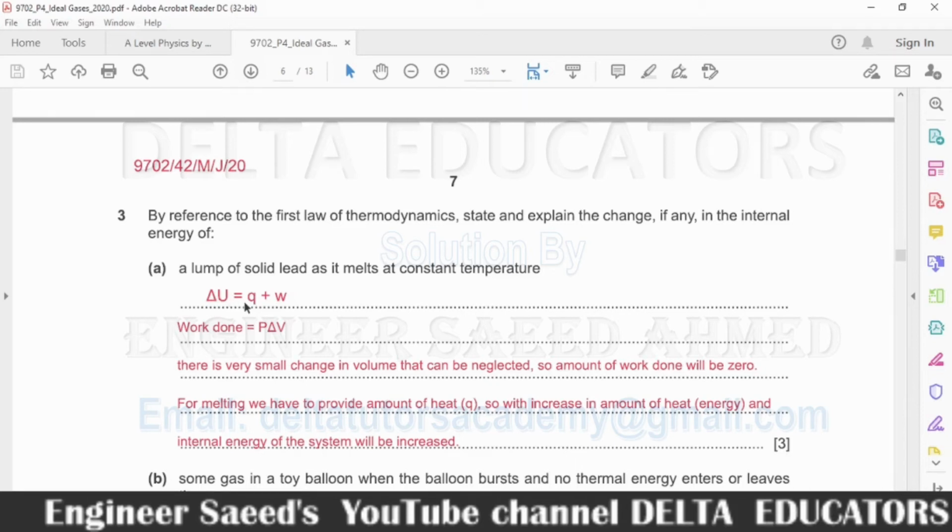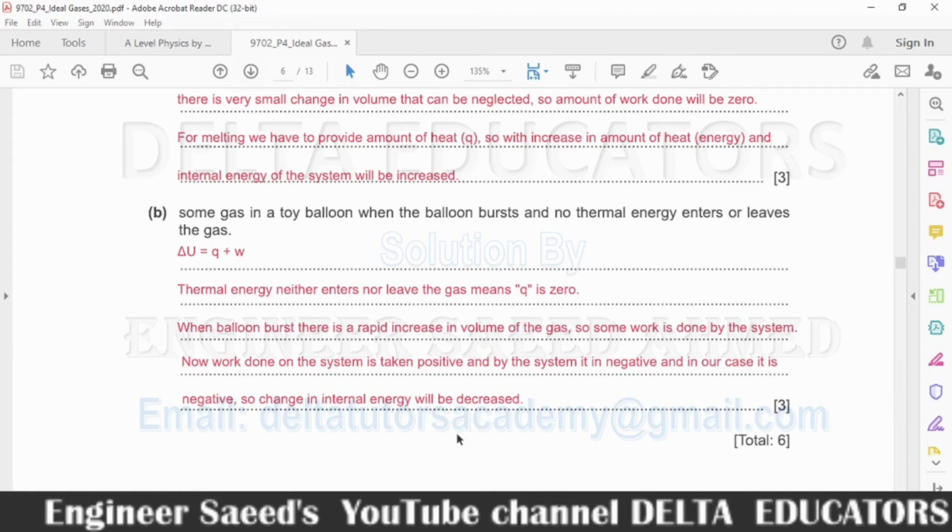Delta U will be equal to plus Q. Now what you have to write here: there is a very small change in volume that can be neglected, so amount of work done will be 0. Second thing, for melting we have to provide amount of heat Q, so with increase in amount of heat or amount of energy, the internal energy of the system will be increased.